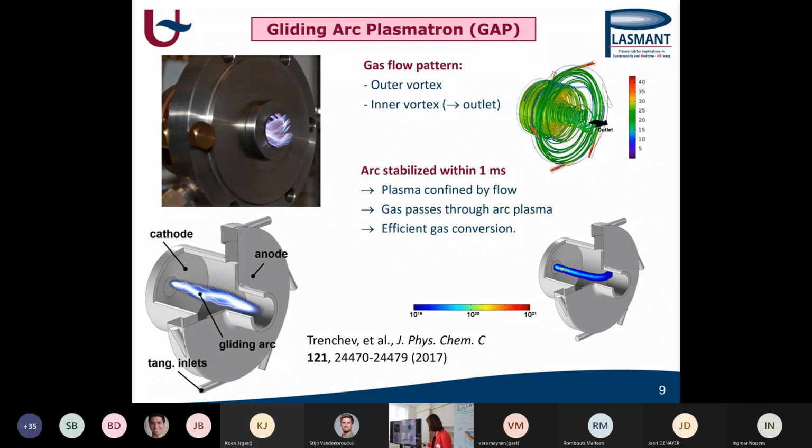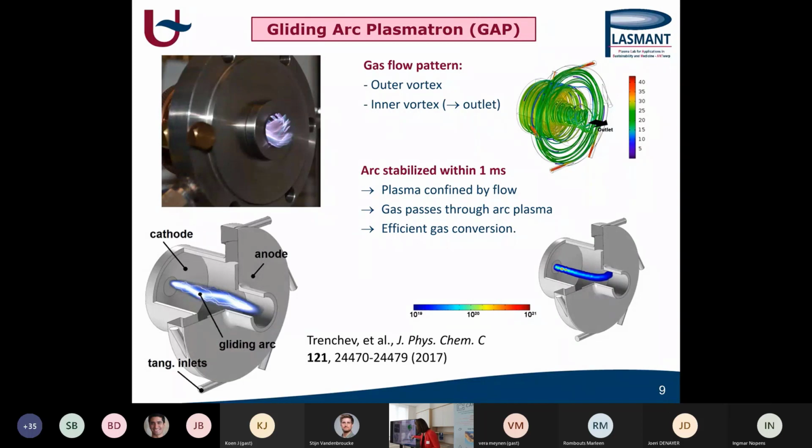But there are tangential inlets, and the gas flow pattern is an outer vortex. It's difficult to see here. When the gas flows in the outer vortex, it reaches the end of the reactor, and then it has lost some speed, so it has an inner vortex with a smaller radius, and then leaves the reactor through the outlet.